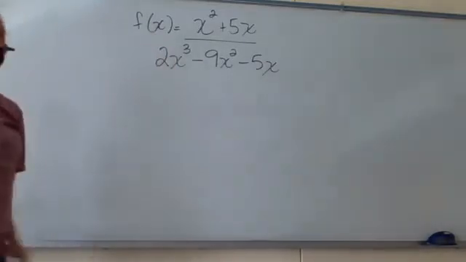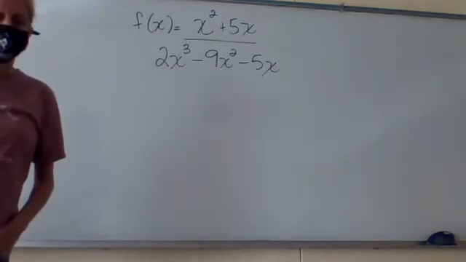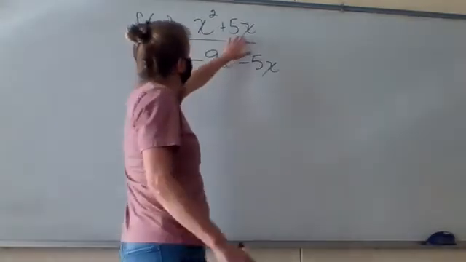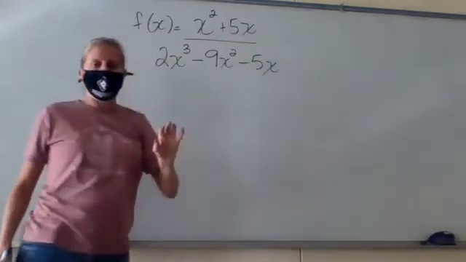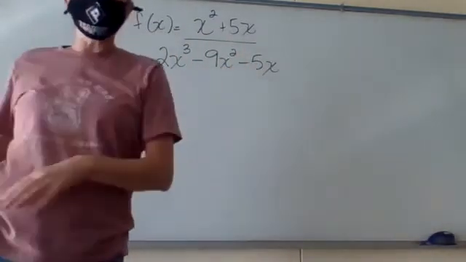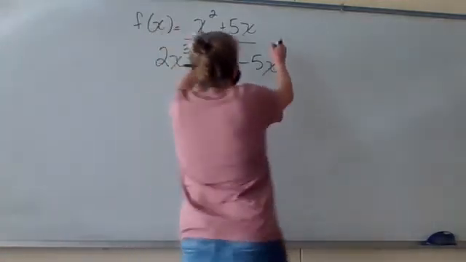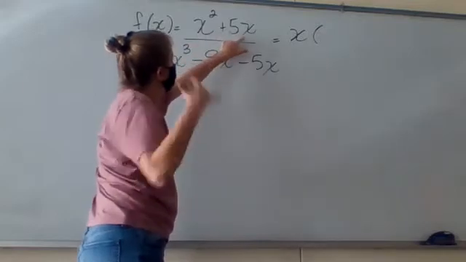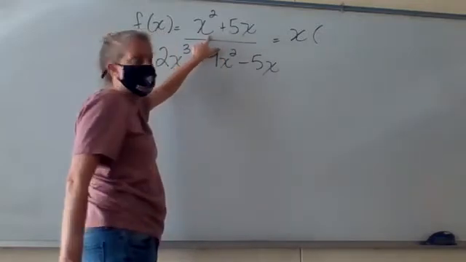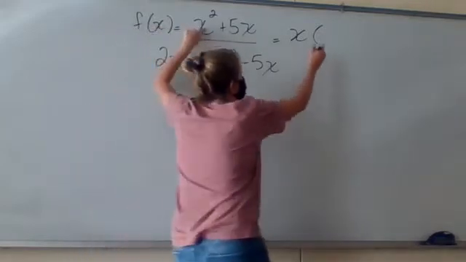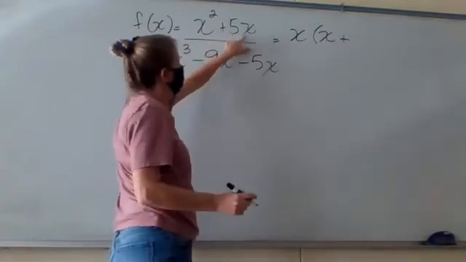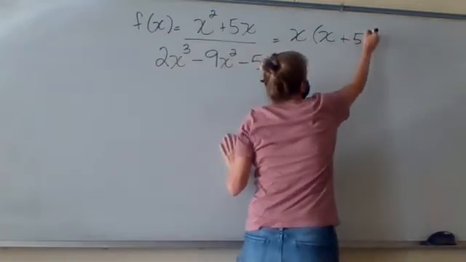find the zeros of the numerator and the denominator so I can use them throughout the problem. All right? This numerator has the greatest common factor of x, so I can pull out an x. Since they both have an x, I can pull it out, put in parentheses what is left. So if I took the x out of the x squared, I'm just left with x. Plus, if I took the x out of 5x, I'm just left with 5.